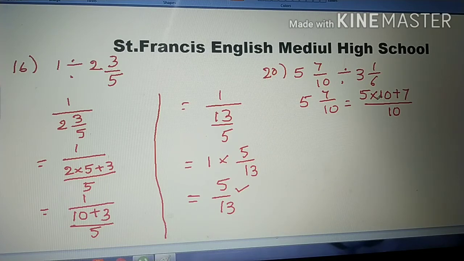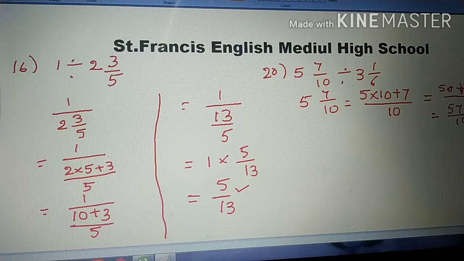So what we have here? See, now this will become 5 into 10, 50 plus, okay, 5 into 10, 50 plus 7, that is divided by 10. Okay, what you get here?